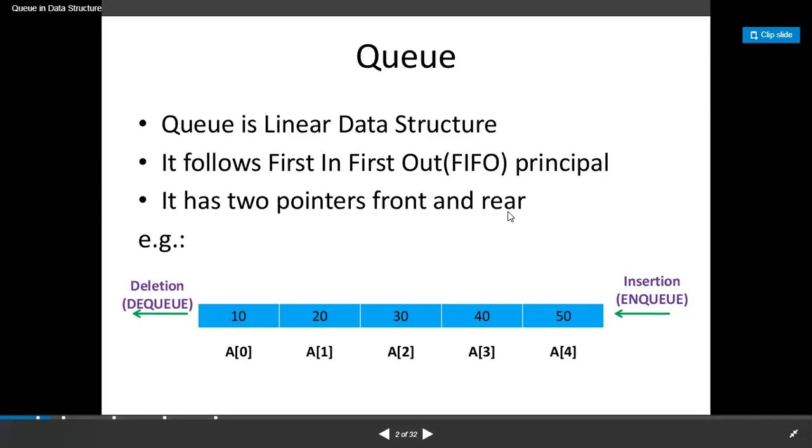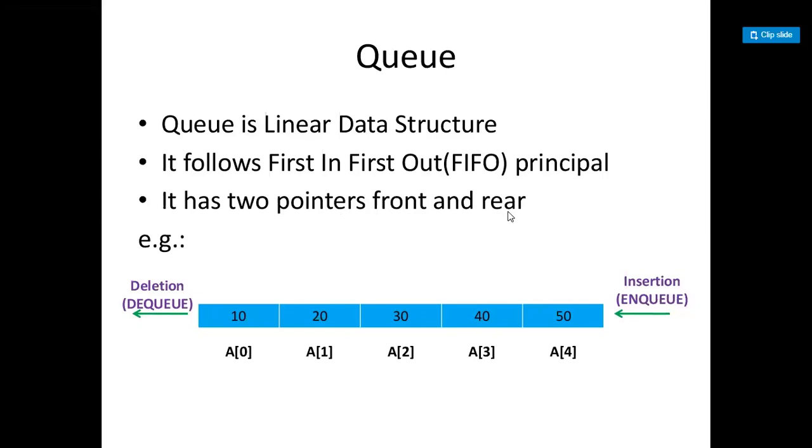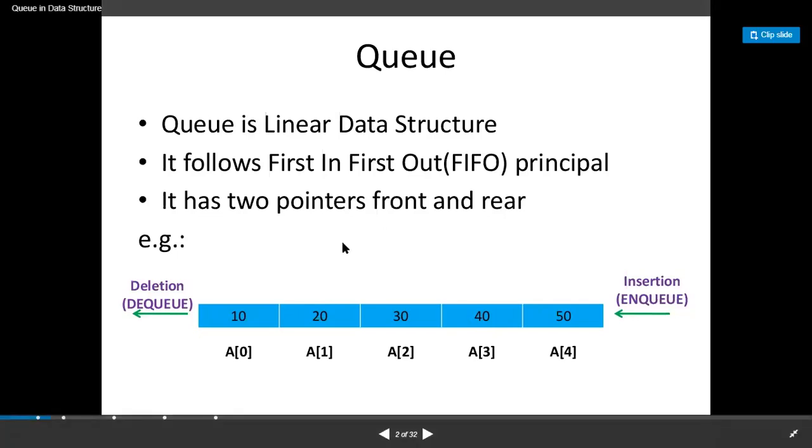Okay, so we should have some pointers to access the data elements, correct? So how I can access the data, how I can delete the data, in which position I should insert the data, in which position I should delete the data. So to maintain those positions, I should have some pointers. Okay, that is nothing but front and rear pointers.